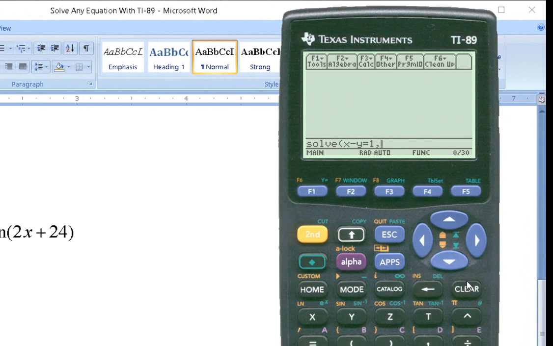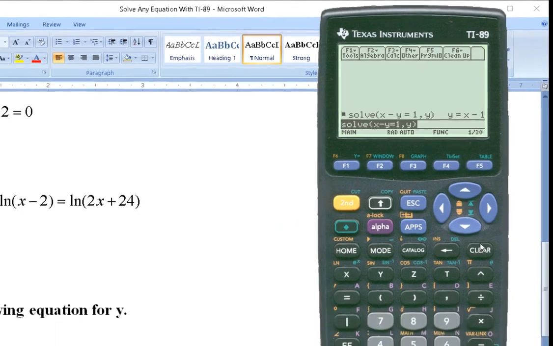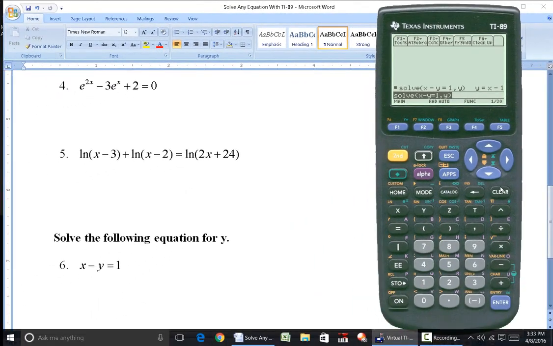Close parentheses, and hit enter, and I get y is equal to x minus 1. So that's what I would have if I were to solve this for y. Bring the y over to this side, the 1 over, I would get y equal to x minus 1. That's your solution.